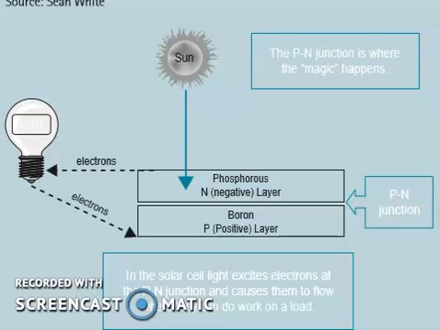A solar cell is nothing but a semiconductor material which has phosphorus as well as boron as impurities.